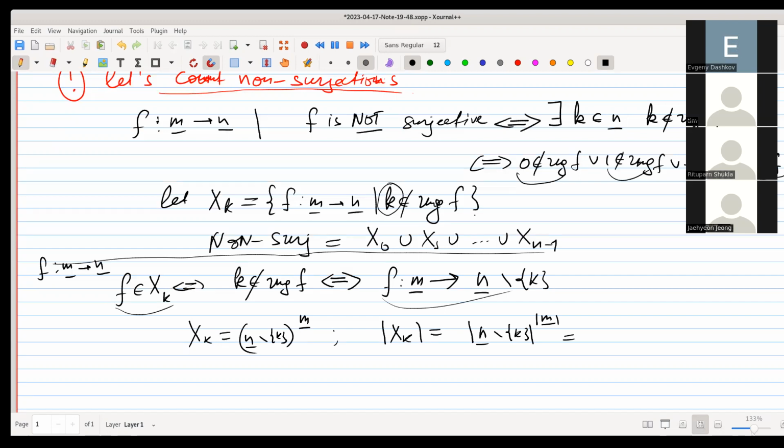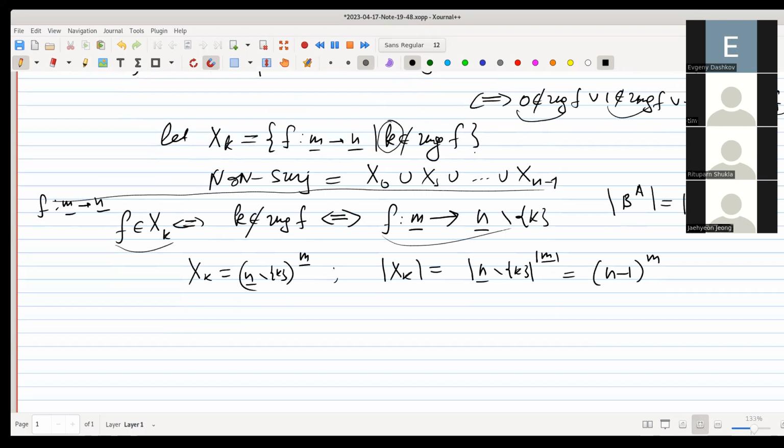We proved it. Don't you remember? The cardinality of B to the power of the cardinality of A. So here we have n minus 1 to the power of m.